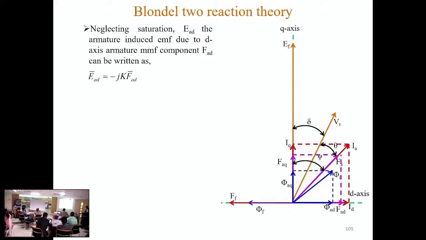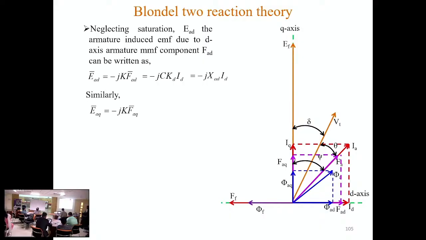So here as we are having two components, two equations will be there. So EAD equals minus JK FAD, which can be replaced by the constant KD, which is actually some reactance XAD. So we can write this as XAD. FAD can be written as KD into ID.